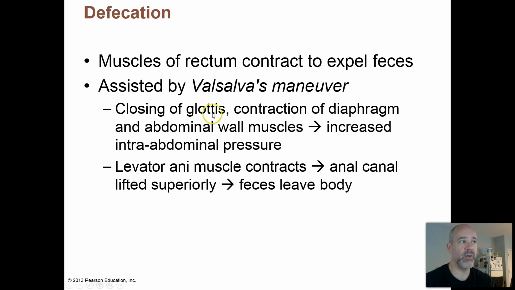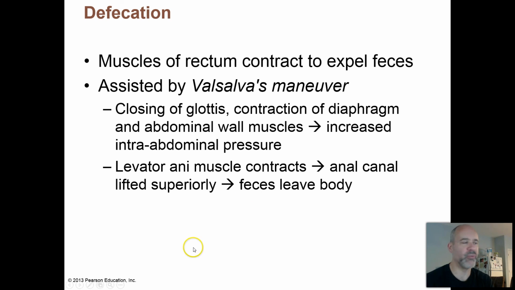Valsalva's maneuver is where the glottis, so your vocal cords, your vocal folds, close, and they function more or less like a sphincter, and they block air from being pushed out of the trachea. Then you contract the diaphragm, you contract your abdominal wall muscles. That increases the intra-abdominal pressure, and so that helps force the feces out during defecation.